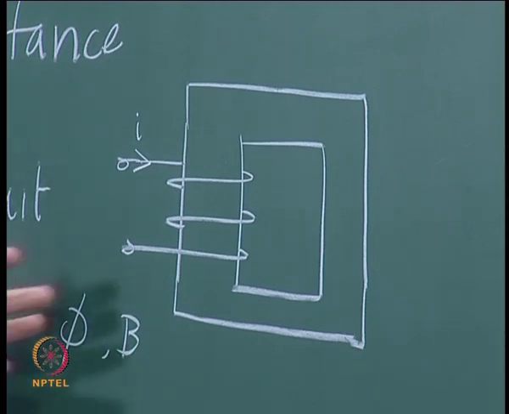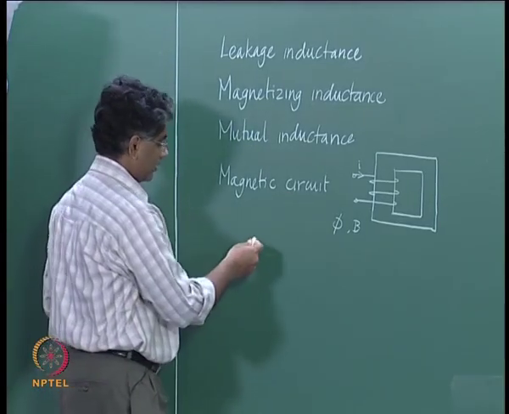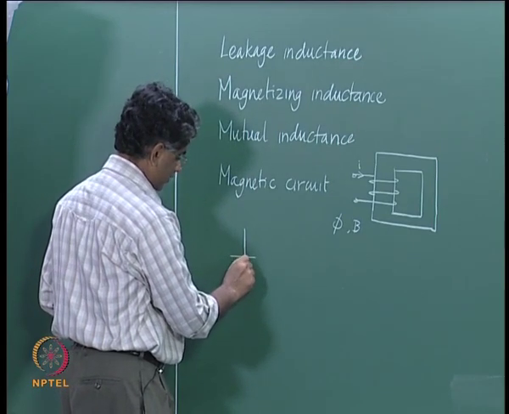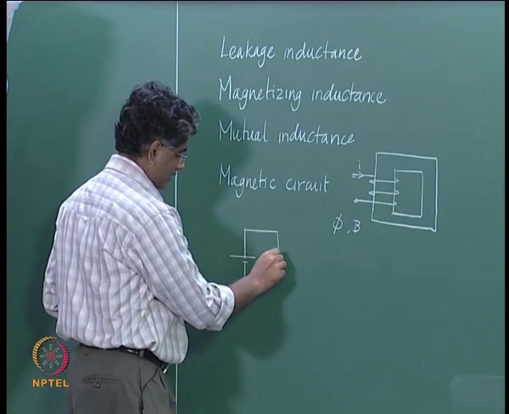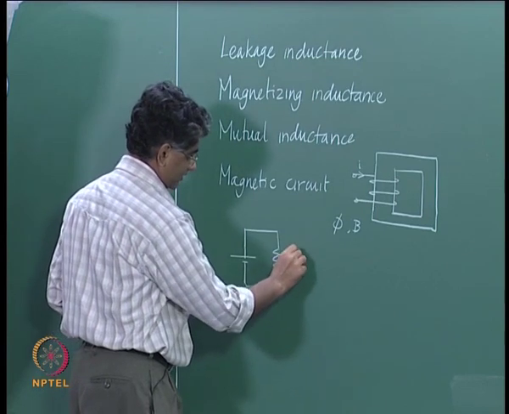one can redraw this arrangement in the form of an equivalent electrical circuit, where one can talk of the MMF source, and then you have a resistance which is called the reluctance.